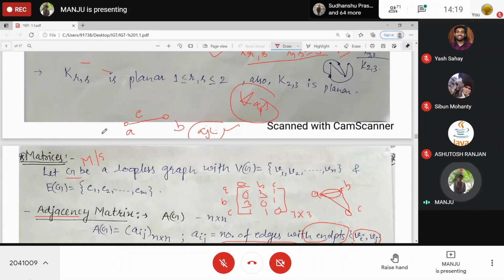Whenever we say incident, we are talking about a vertex and an edge. If E is an edge with endpoints A and B, then we say E is incident with its endpoints, so A and E are incident, and B and E are incident. Clear?